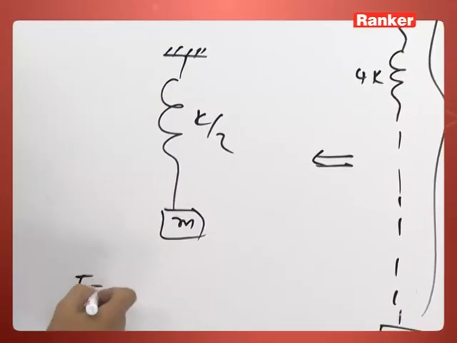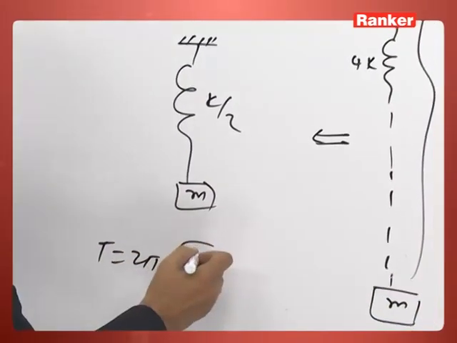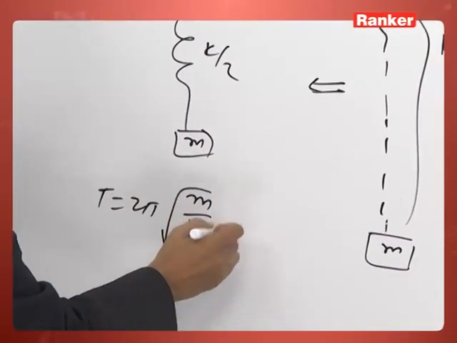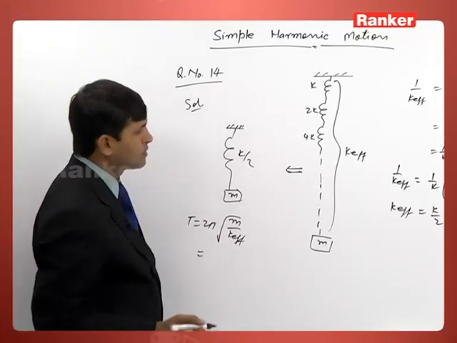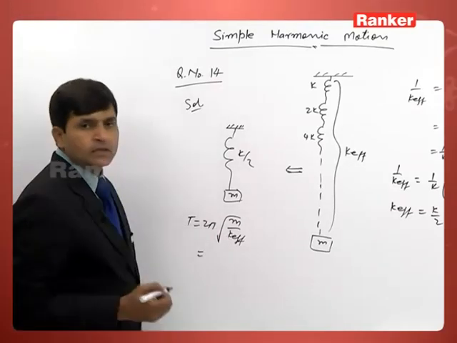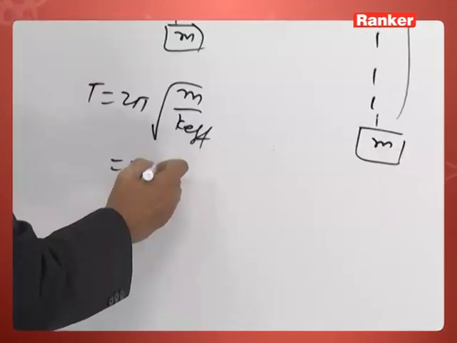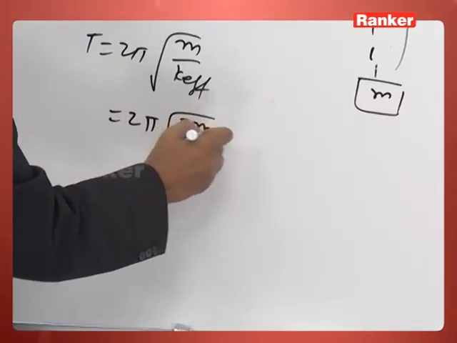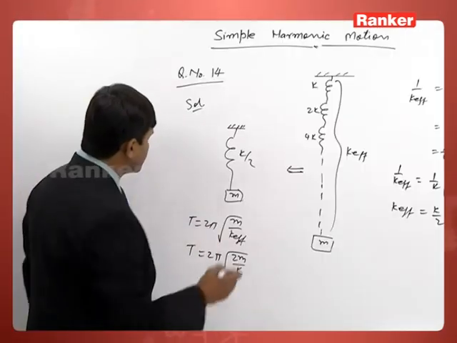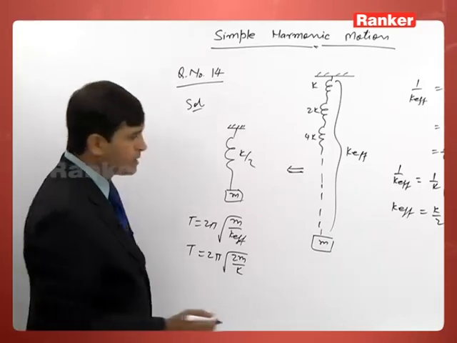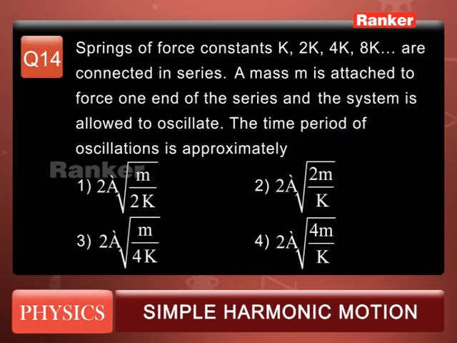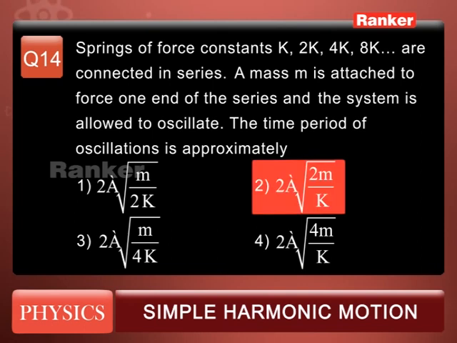Now time period T is 2 pi under root m by K effective, and K effective is K by 2. So our answer will be 2 pi under root 2m by K. So this is our time period. So option number 2 is the correct answer.